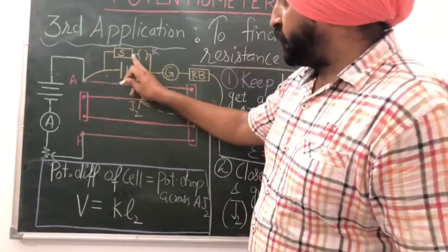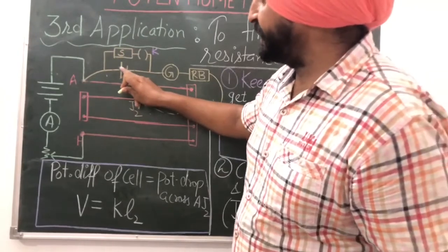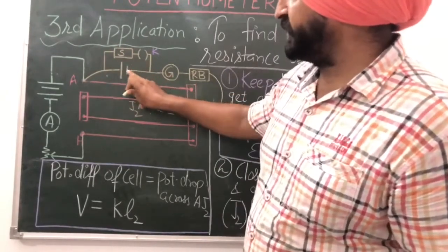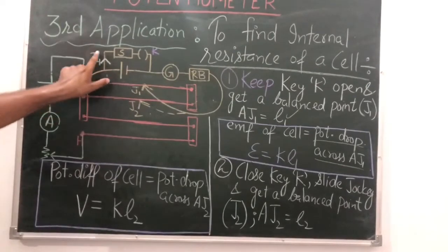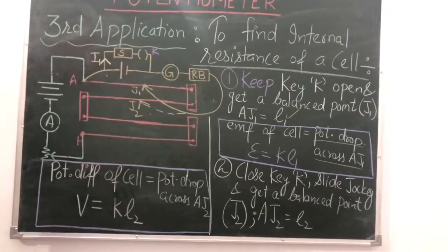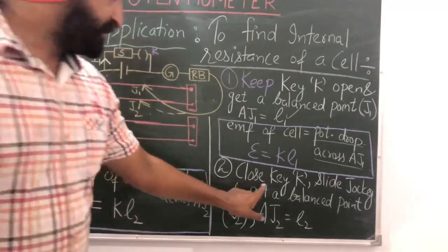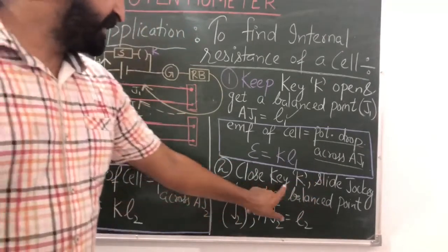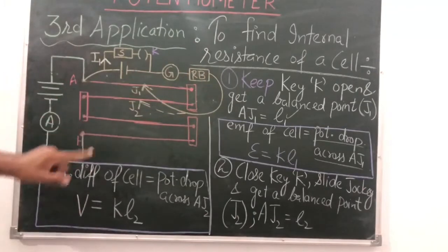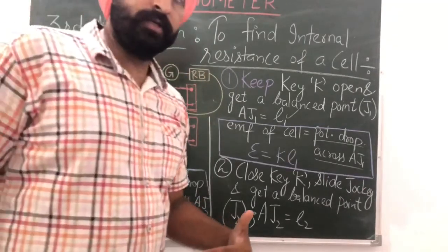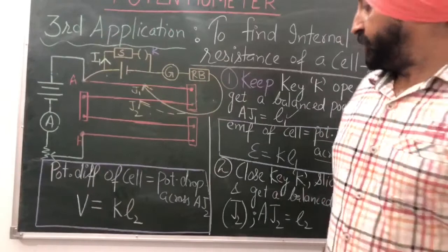Now this shunt resistance is extracting some current I1 from this battery, which will flow through this shunt resistance. As the second point says, close the key K and slide the jockey. Again we will be sliding the jockey and finding the balance point.